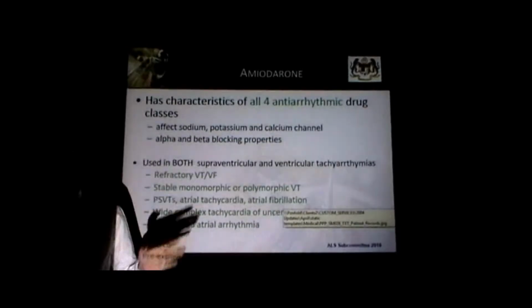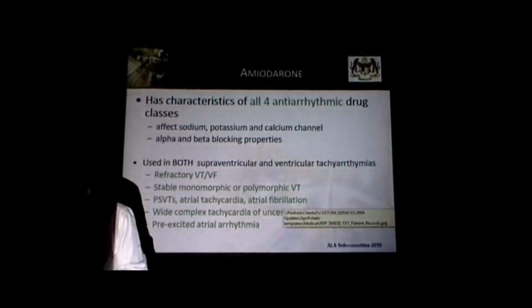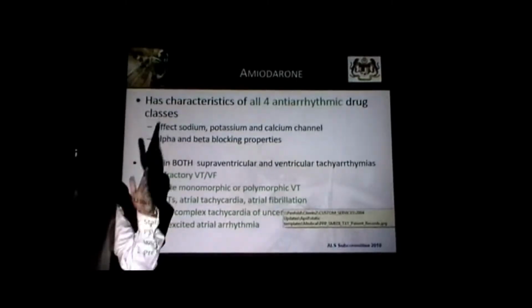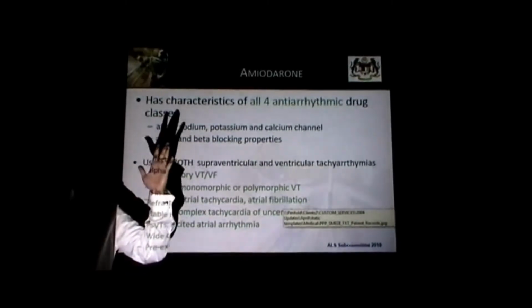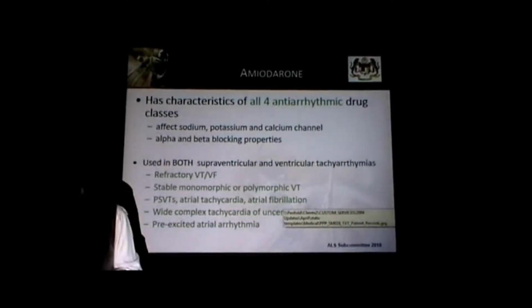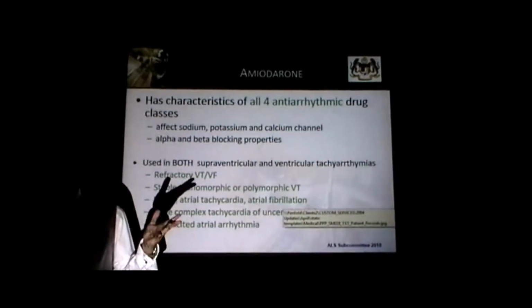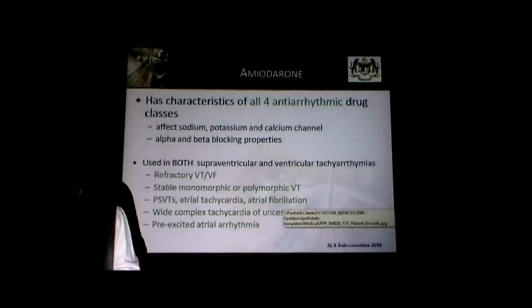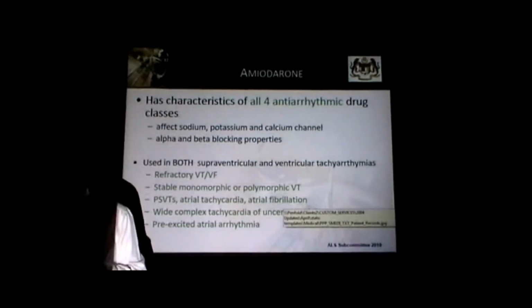Okay, in a stable arrhythmia, if you use amiodarone, you give 150 milligram over 10 minutes. Then within 10 minutes, you look whether the tachyarrhythmia improves or not. If it's not improved, then you can add on another 150 milligram over 10 minutes, followed by 900 milligram over 23 hours.